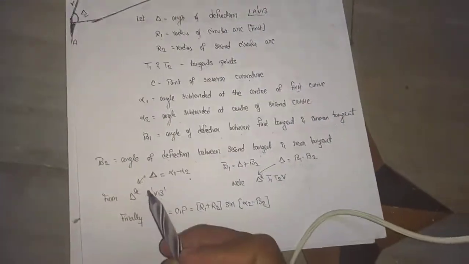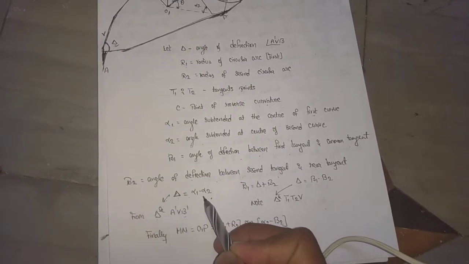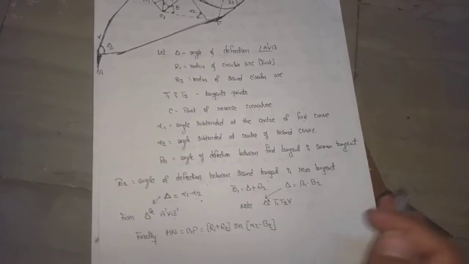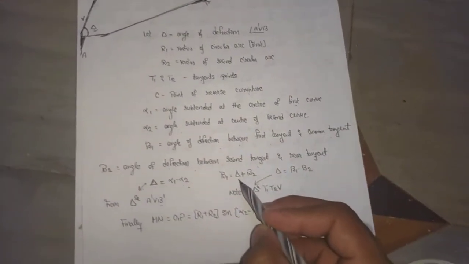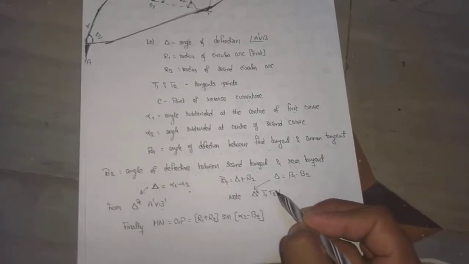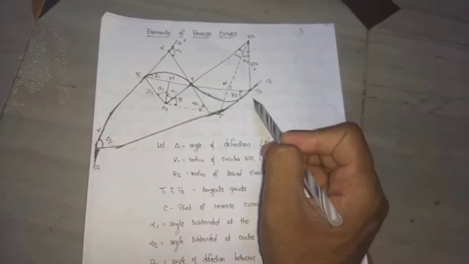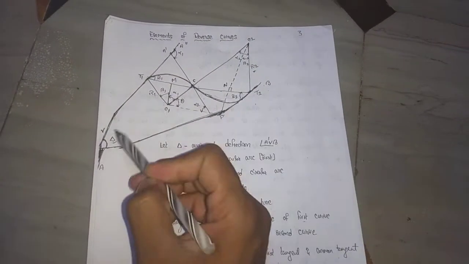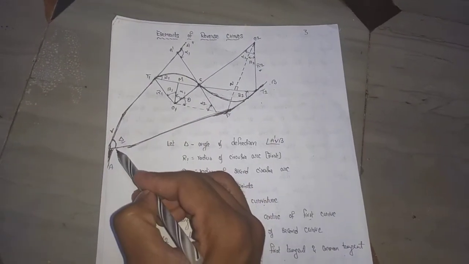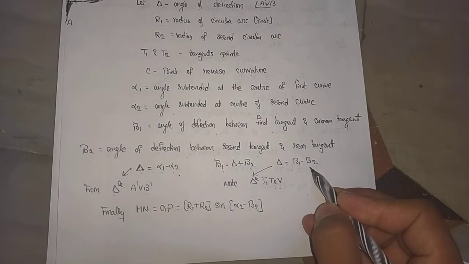From the diagram, from the triangle A dash V B dash, we get delta equals alpha 1 minus alpha 2. Here directly beta 1 equals delta plus beta 2. From the triangle T1 T2 V, this is another triangle, we get delta equals beta 1 minus beta 2.